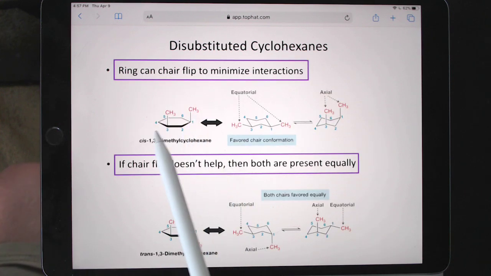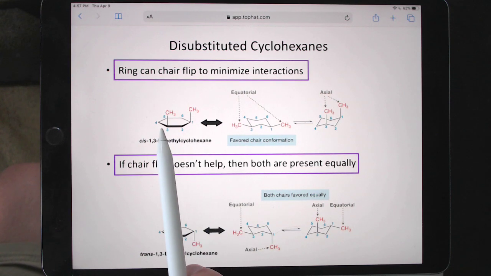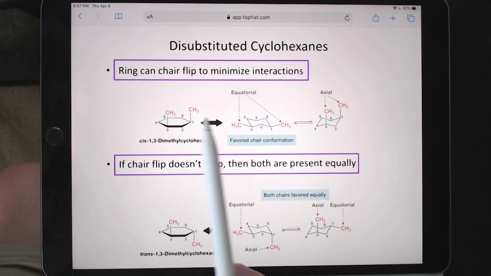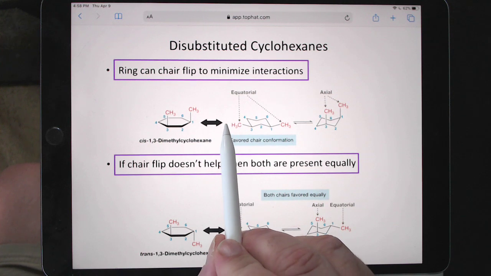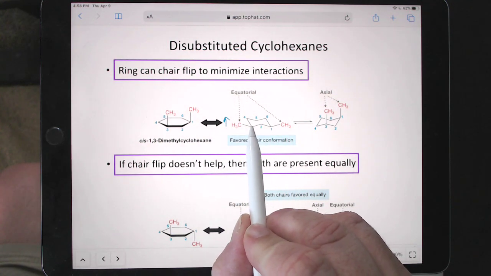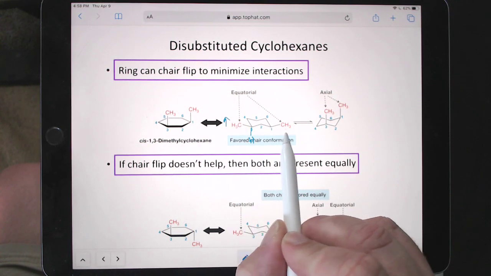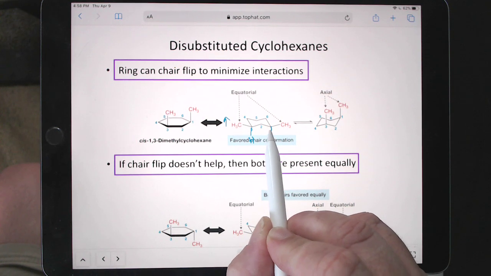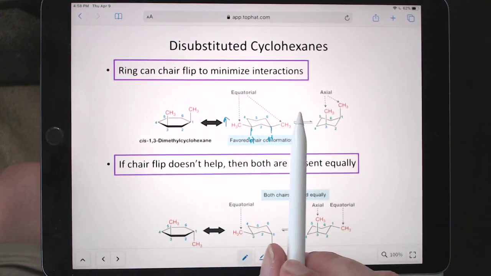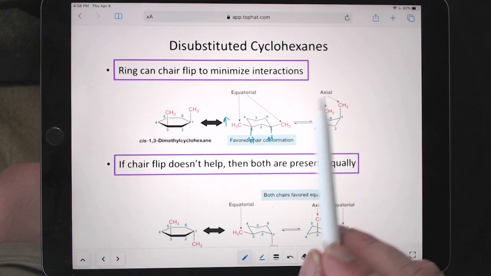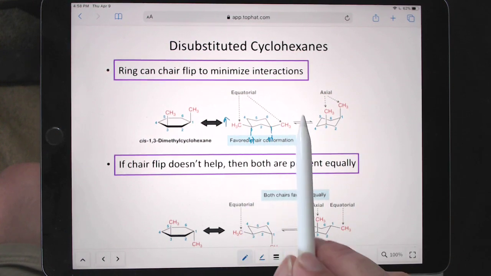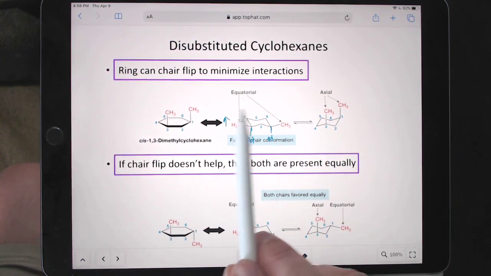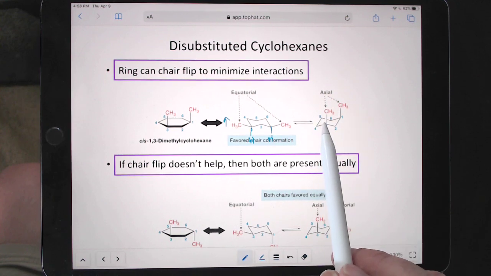Now, for here you've got cis, both of these are cis. This one's up, because the bonds are pointed down, so that means there's an axial hydrogen here in both of these positions. So in this case, for the cis version here, it's going to want to be here because you have two equatorials. Here you don't have any.